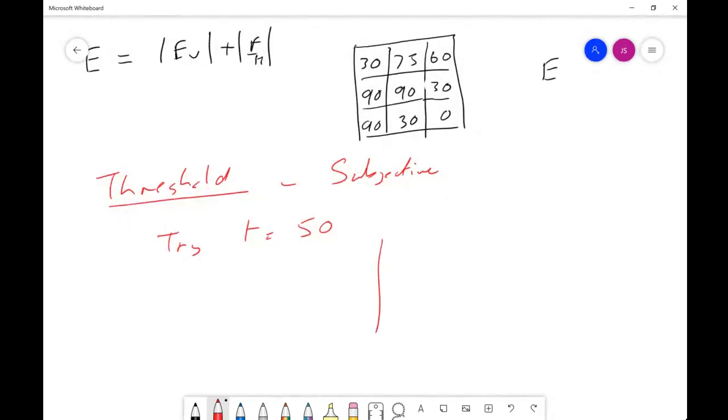And looking at that, below 50 it's 0, and above 50 it's going to be 1. We're going to get 1, 1, 1, 1, 0, 1, 0, 0.